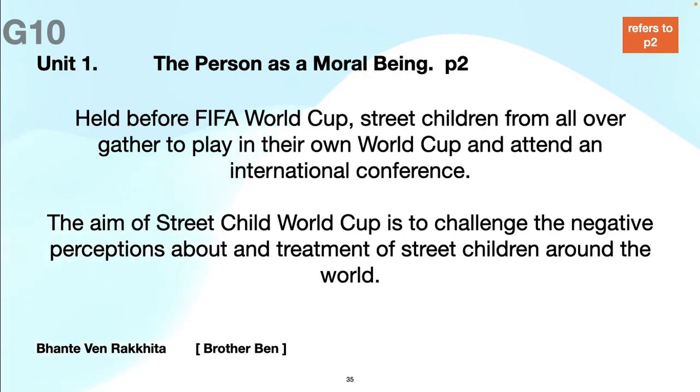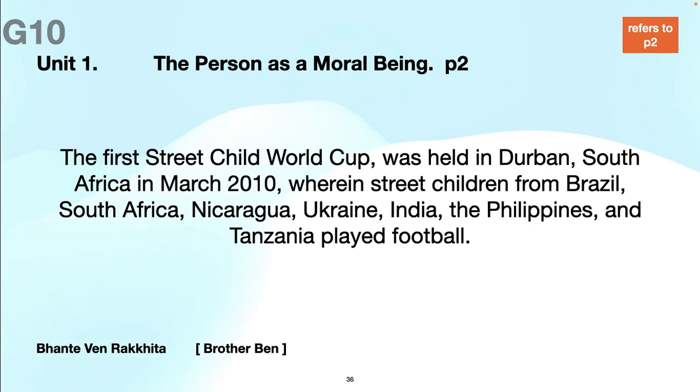The aim of the Street Child World Cup is to challenge the negative perceptions about and treatment of street children around the world. The first Street Child World Cup was held in Durban, South Africa in March 2010, wherein street children from Brazil, South Africa, Nicaragua, Ukraine, India, the Philippines and Tanzania played football.